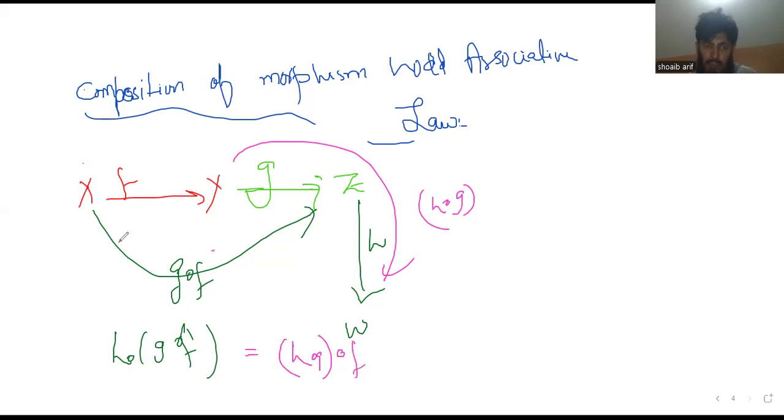For all this type of morphisms, the associative law holds. So this is the category. This is the definition of category.